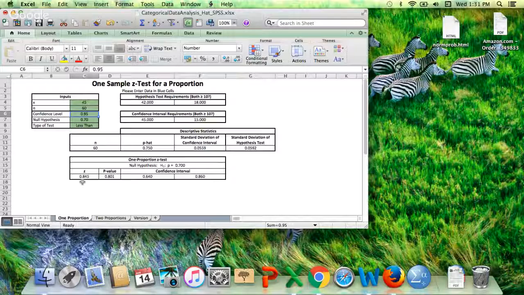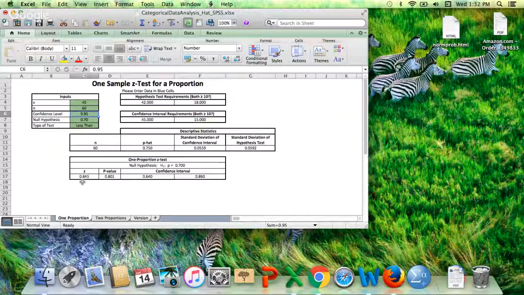No. That gives me a different answer because we used a different P. So M is 0.0... oh wait, I have to do the square root. So it's 0.054. Is that what you got? I got 0.051. Okay, let me try it again.